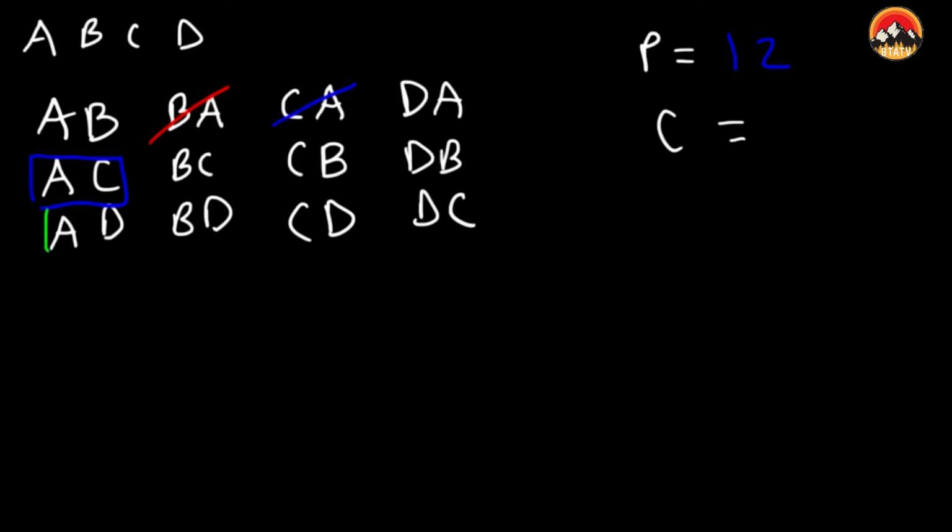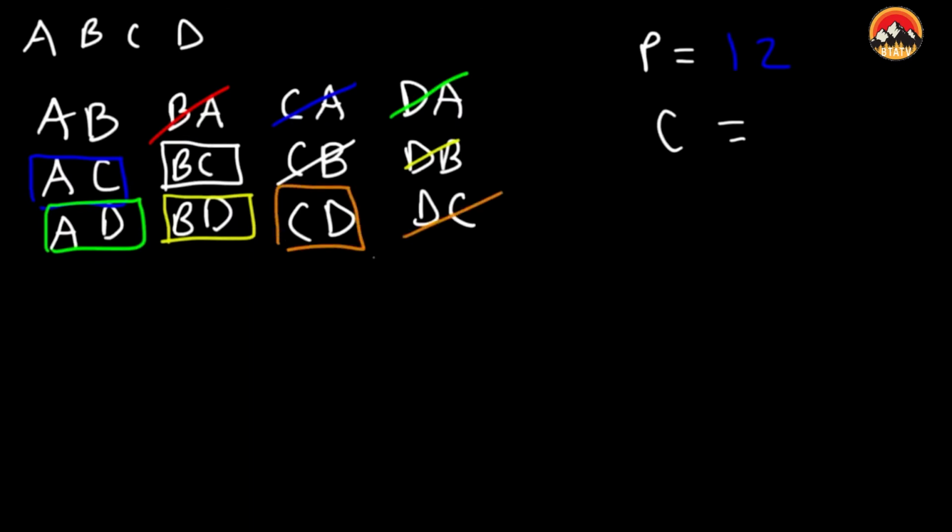If we're going to count AD, we have to eliminate DA. If we're going to use BC, we need to get rid of CB. If we're going to use BD, we can't use DB. And finally, if we're going to use CD, we've got to get rid of DC.